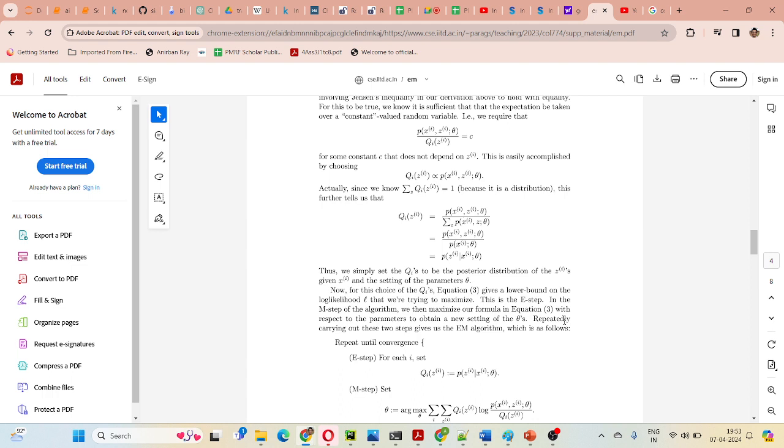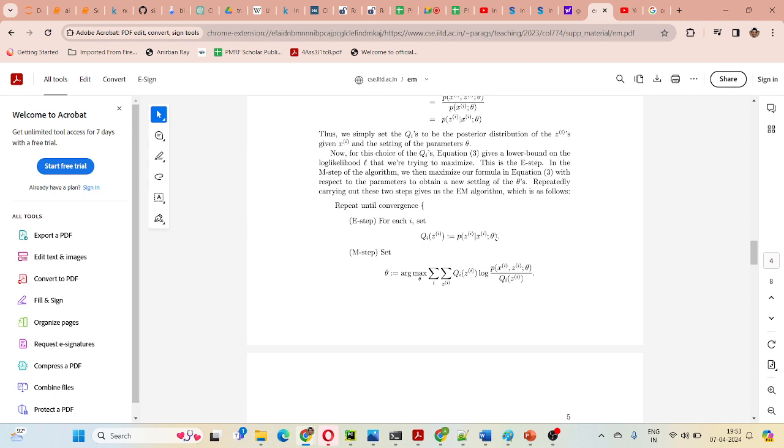This is the E step. In the M step of the algorithm, we maximize the formula in equation 3 with respect to the parameter to obtain a new setting of theta, repeatedly carrying out these steps.